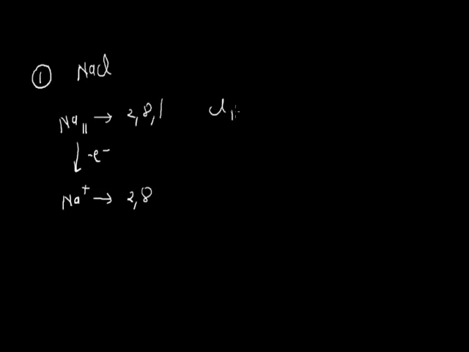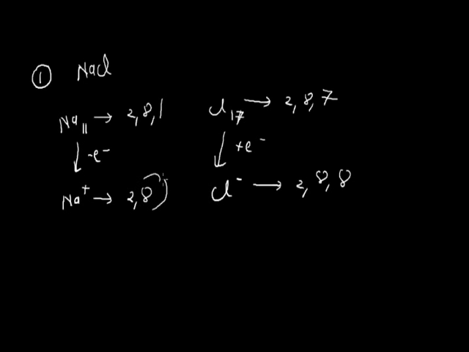For example, in NaCl, there is sodium, 11, that is 2, 8, 1. By losing one electron, sodium has electronic configuration 2, 8 with one positive charge. Similarly, Cl, that is 17, 2, 8, 7, by gaining one electron becomes Cl negative, 2, 8, 8. Here, sodium has 8 electrons in its valence shell.